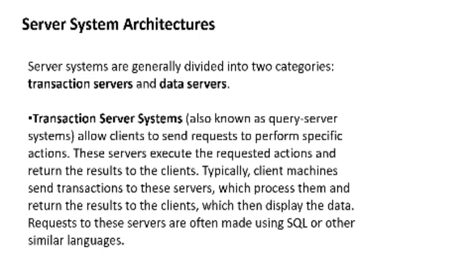They allow clients to send requests to perform specific actions. The server processes these actions and sends back the results. Clients send transactions, server executes them. Results are sent back to the client. Typically, client machines send transactions to the server, which processes them and returns the result to the client.